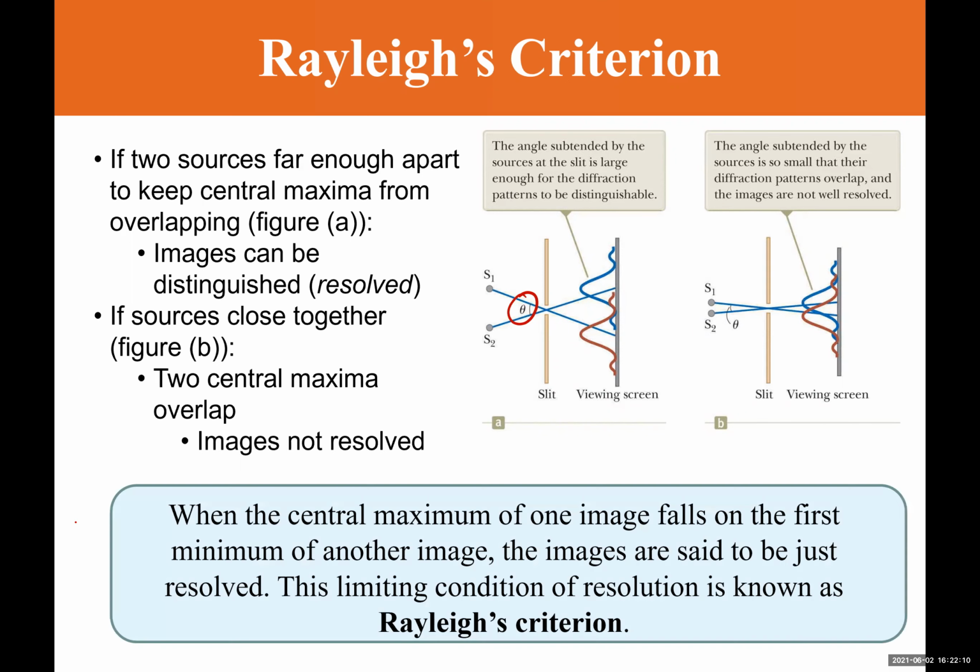All right, that means what we have here is this. When the central maximum of one image falls on the first minimum of another image, the images are said to be just resolved. This limiting condition of resolution is known as the Rayleigh criterion.